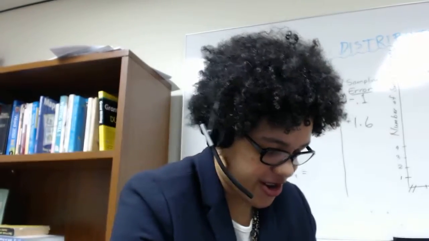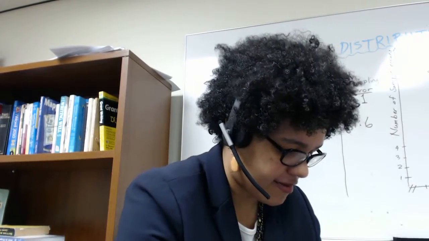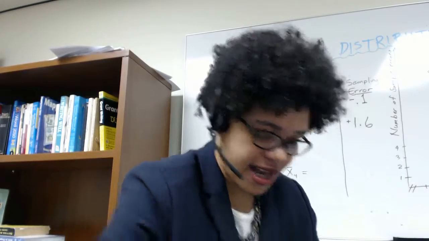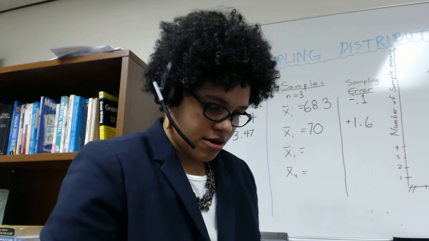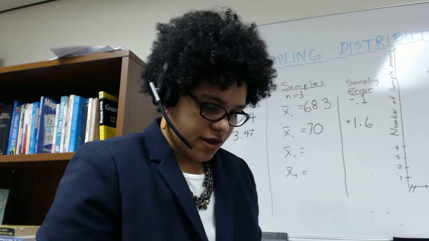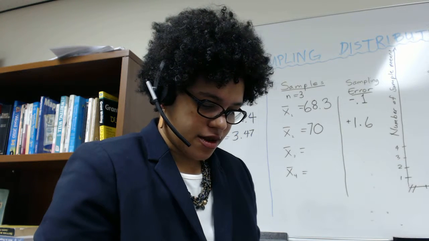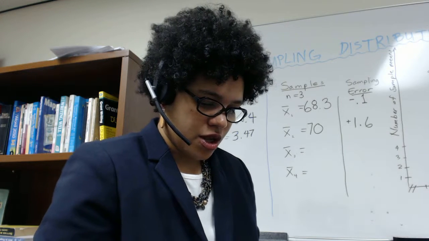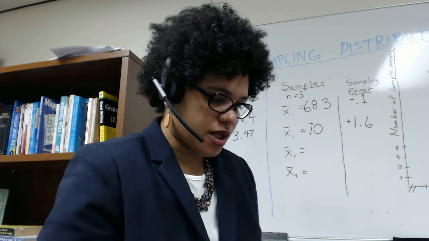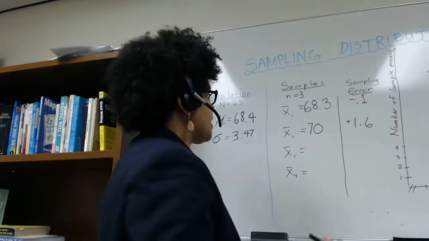All right. I'm putting these back, the 3 that I already drew, mixing them up and drawing 3 more at random. This time I got 67, 67, and 72. 67 plus 67 plus 72 equals 206, divided by 3 equals 68.7.